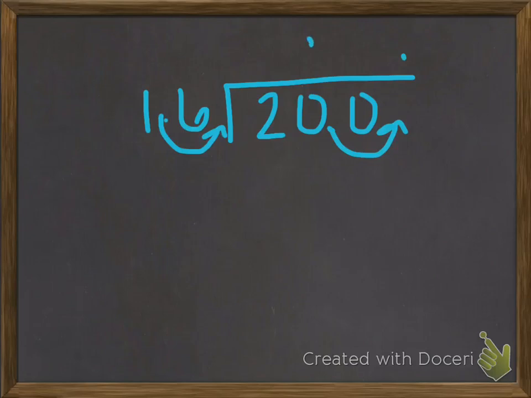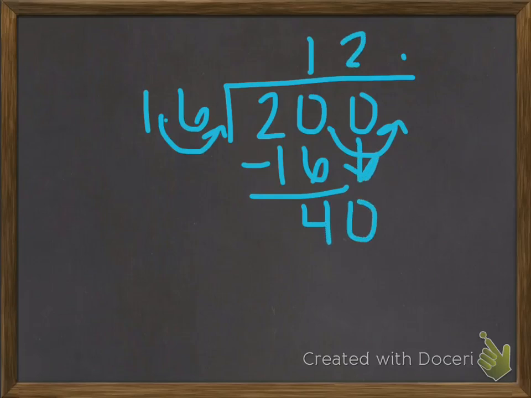200 divided by 16. 16 won't go into 2, but it'll go into 20 one time. This will give me 4 left over. Then I bring down my 0, and 16 goes into 40 2 times. 16 times 2 is 32.